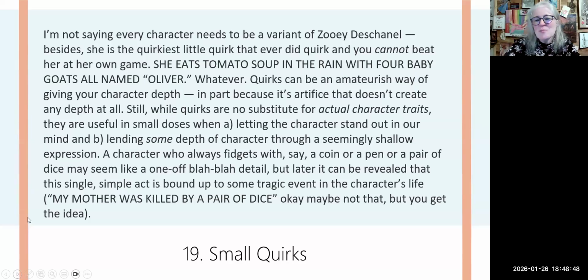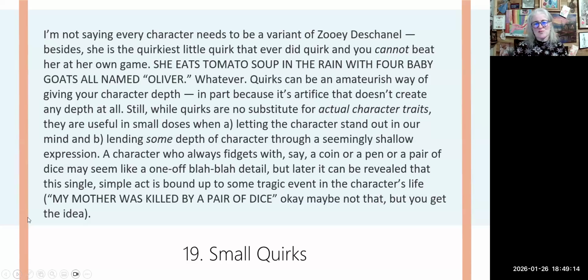Whatever. Quirks can be an amateurish way of giving your character depth, in part because it's artifice that doesn't create any depth at all. Still, while quirks are no substitute for actual character traits, they are useful in small doses when A, letting the character stand out in our mind, and B, lending some depth of character through a seemingly shallow expression.